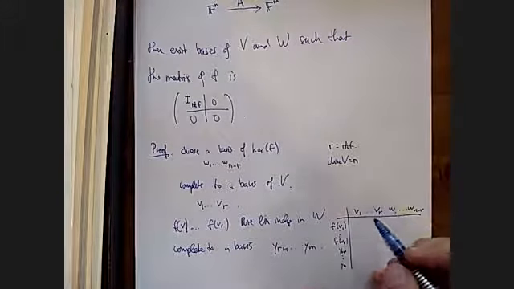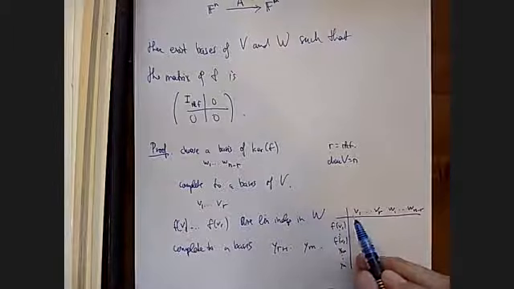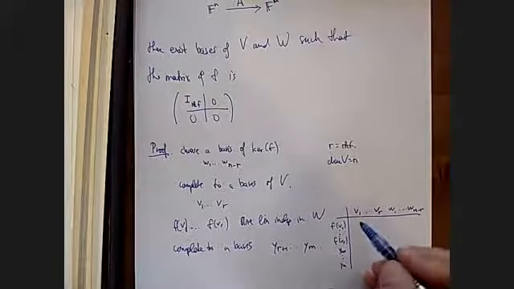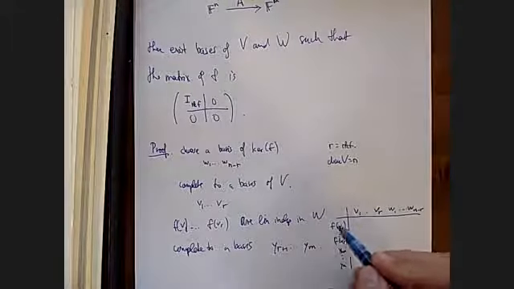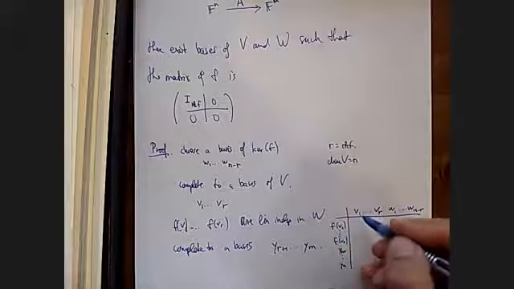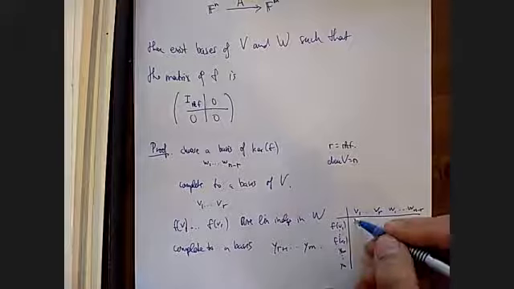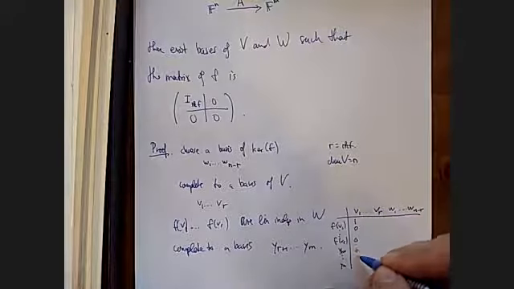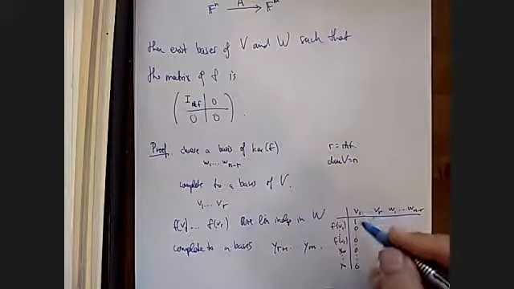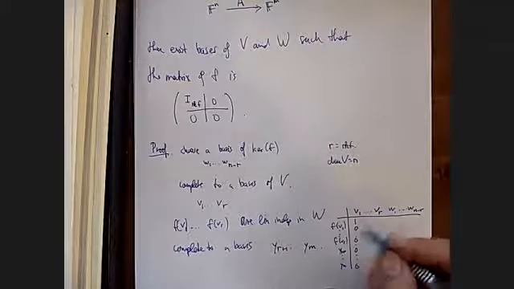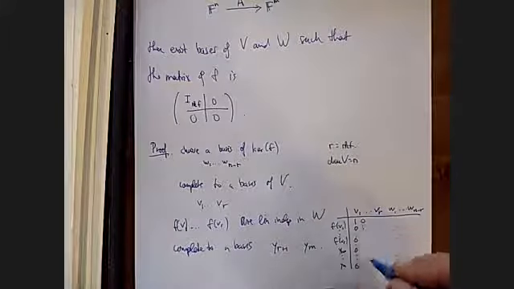Well, we have to see what F does to the basis vectors. V1 maps to F of V1, so writing F of V1 as a linear combination of these gives us 1 and then nothing but zeros. For V2, we get F of V2, so we get just 1.